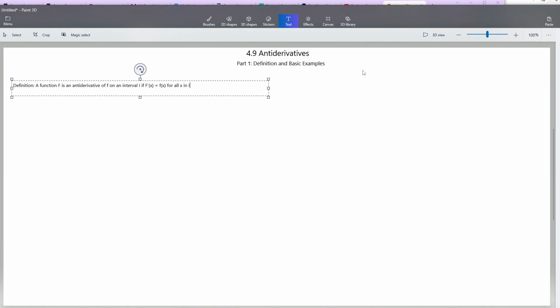The idea here is that the antiderivative is the function whose derivative is what you're looking for, right?